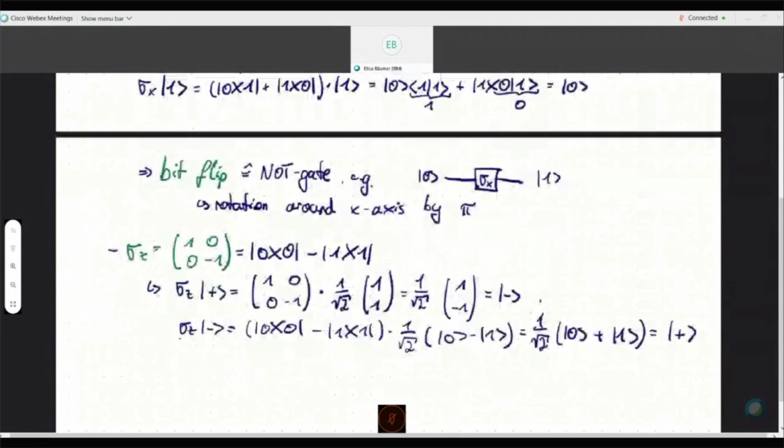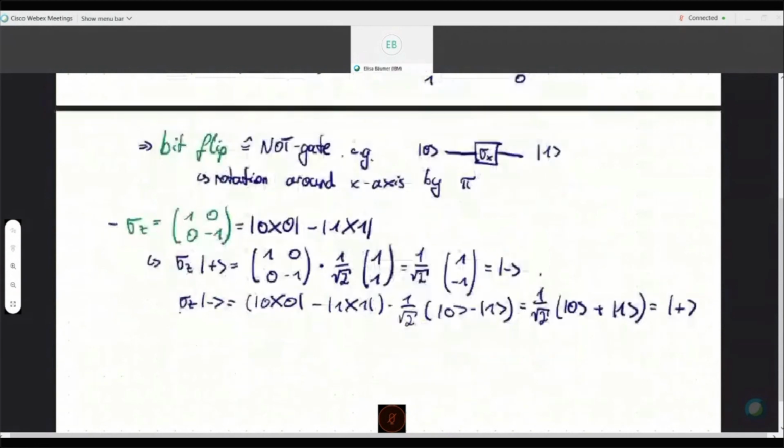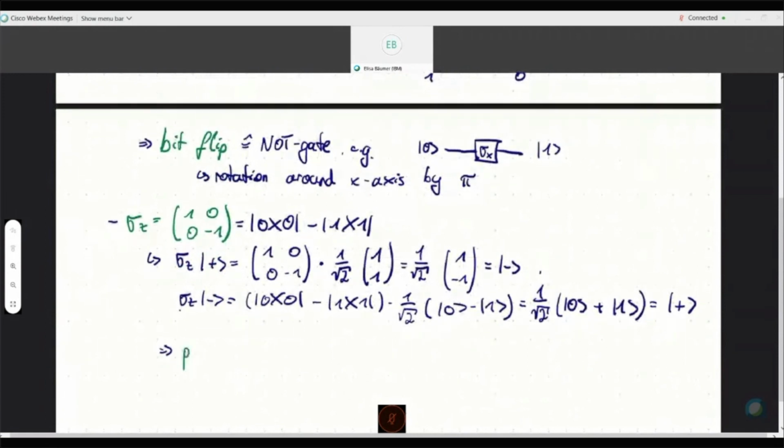Since we go, in this case, from plus to minus, so from 0 plus 1, we go to 0 minus 1. We call it this time not the bit flip, but the phase flip, because it flips, in this case, the relative phase between 0 and 1 for the states plus and minus.